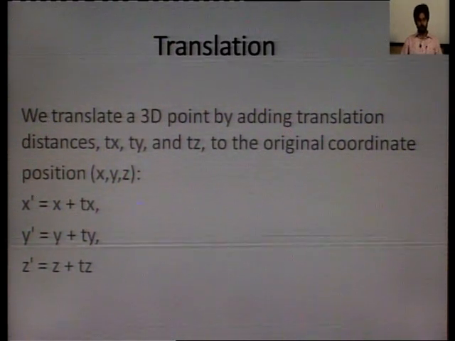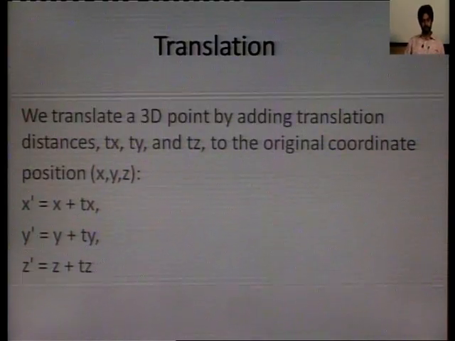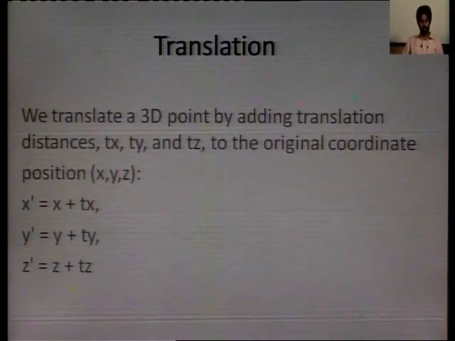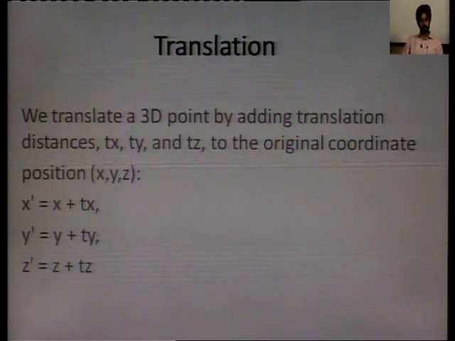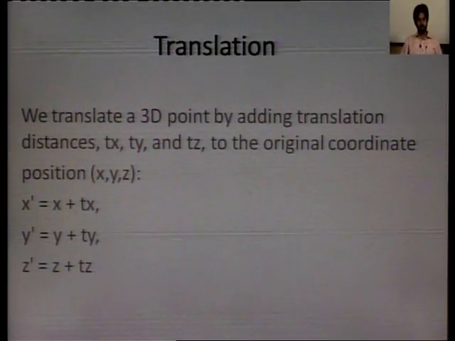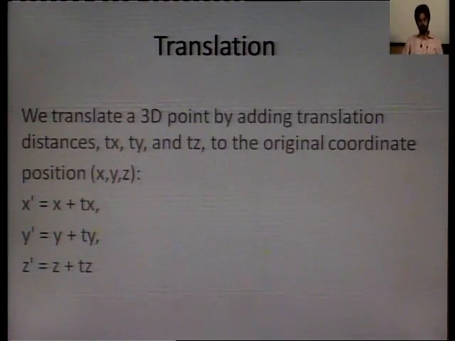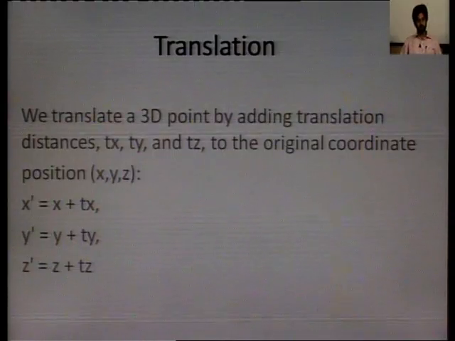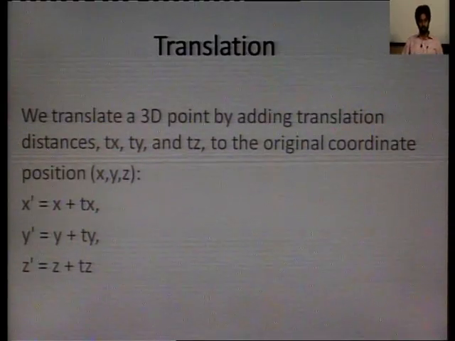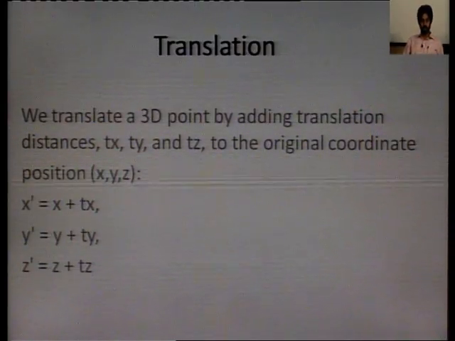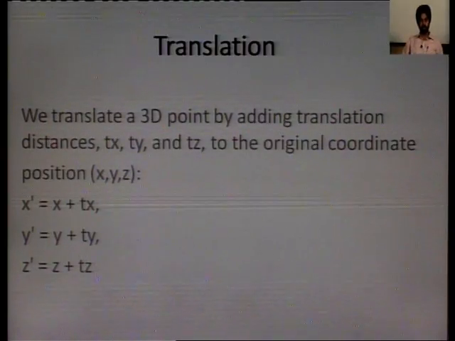So x dash, the transformation of x, equals x, the original coordinate, plus Tx, the displacement of the x coordinate. Then y dash equals y, the original coordinate, plus Ty, the translation of the y axis.